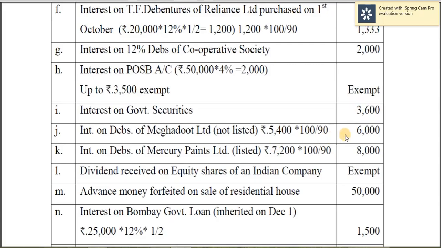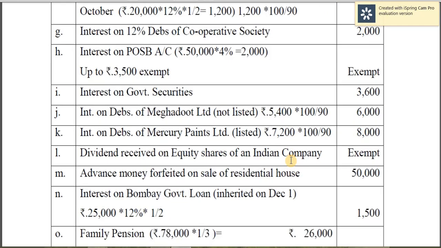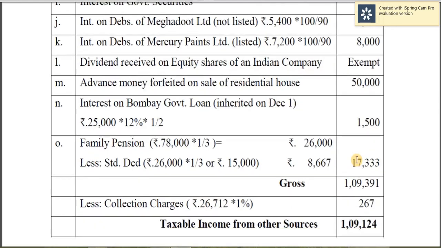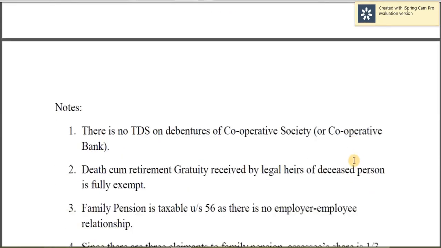Interest on Nayak Limited, 6,000 is the gross amount, and TDS is 10%, and therefore net amount is 5,400. In the case of Mercury Paints, gross amount is 8,000, TDS is 10%, so net amount is 7,200. And then here interest on Bombay government loan, yes, 1,500 is the gross amount, so no TDS, and therefore net amount is also 1,500.